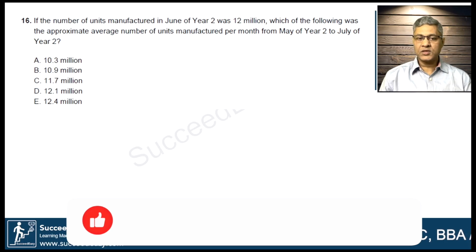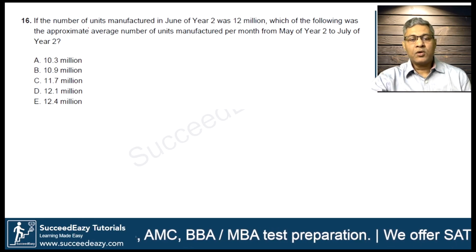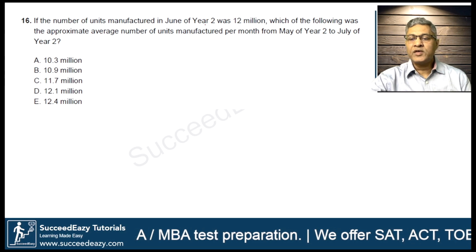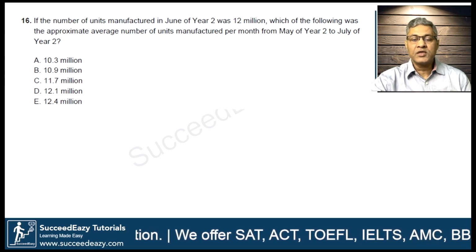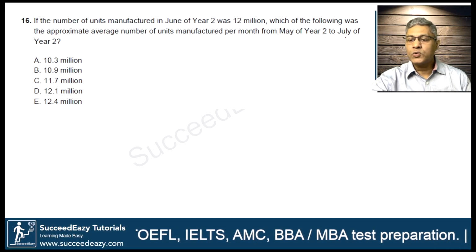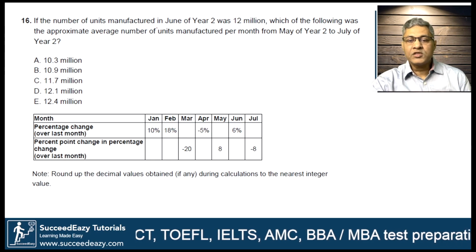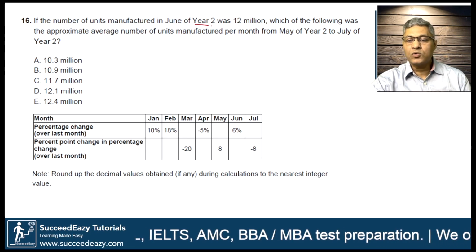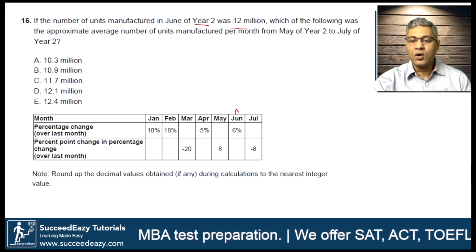Let's look at the last question for this data set. So let's read it. If the number of units manufactured in June of year 2 was 12 million, which of the following was the approximate average number of units manufactured per month from May of year 2 to July of year 2? All right, let's plot the data. The June figure is given as 12 million, all right.